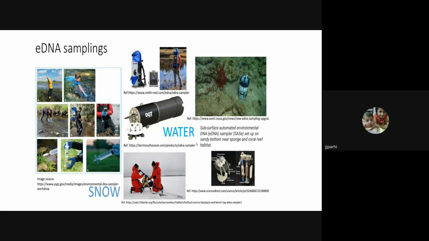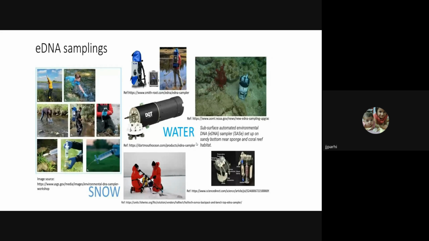It may be a small water body, an ocean, or very slow, deep water. We can even collect it from air also. There are sediments and water bodies, so these are the different instruments to collect samples from the environment.